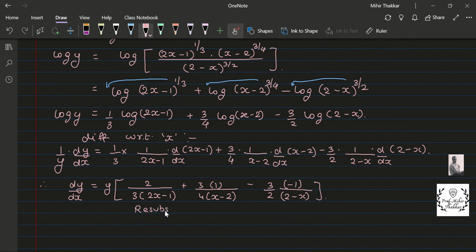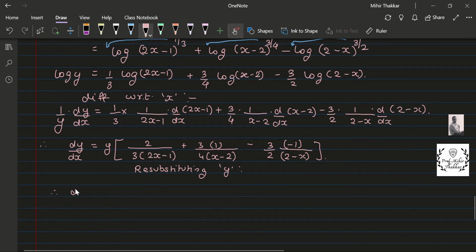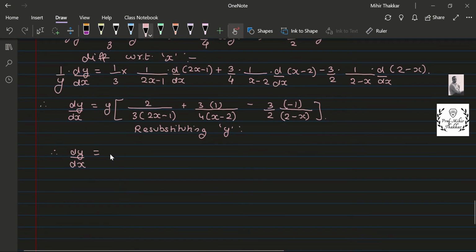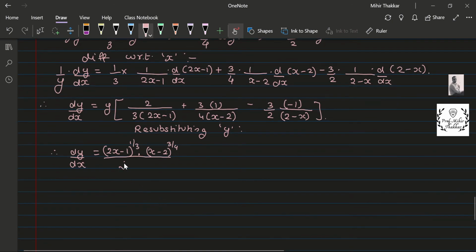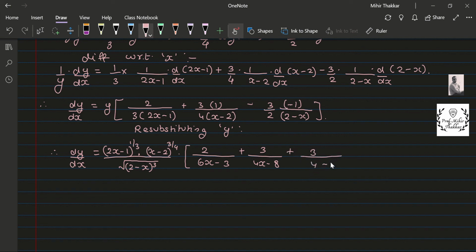Resubstituting y, you will get the answer dy by dx equals the value of y, (2x minus 1) to the power 1 by 3 multiplied by (x minus 2) to the power 3 by 4 divided by root of (2 minus x) the whole cube, and the remaining elements: 2 upon (6x minus 3) plus 3 upon (4x minus 8), minus and minus will become plus 3 upon (4 minus x).